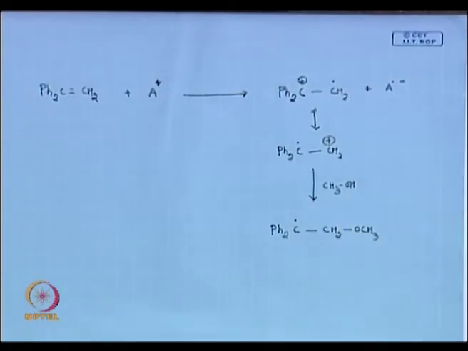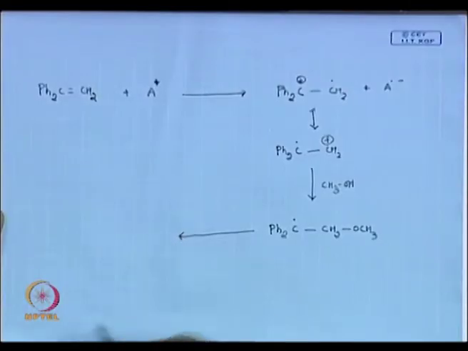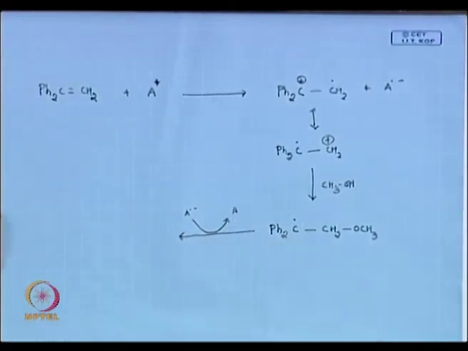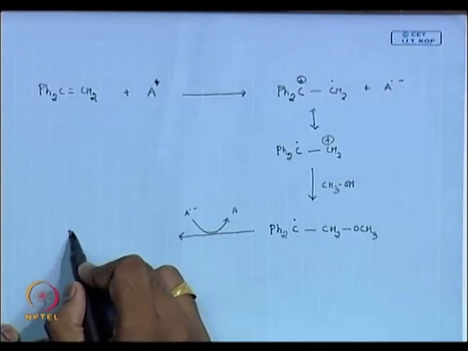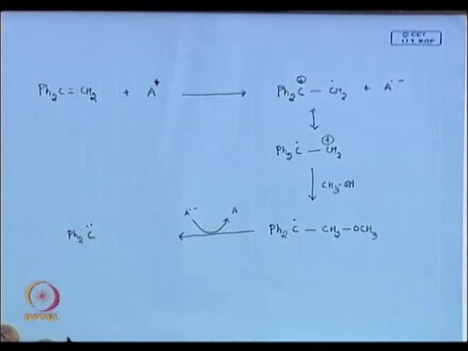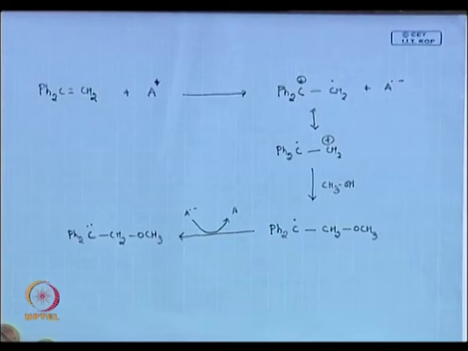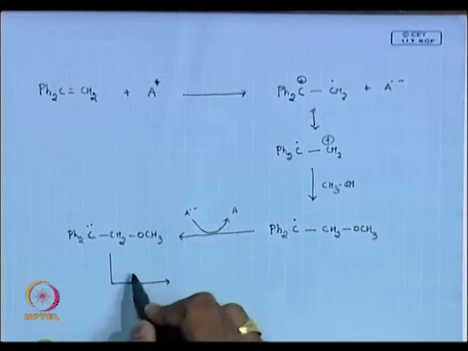Now the acceptor will come again and give the electron back, and the acceptor is regenerated. This radical can then abstract a hydrogen from methanol.